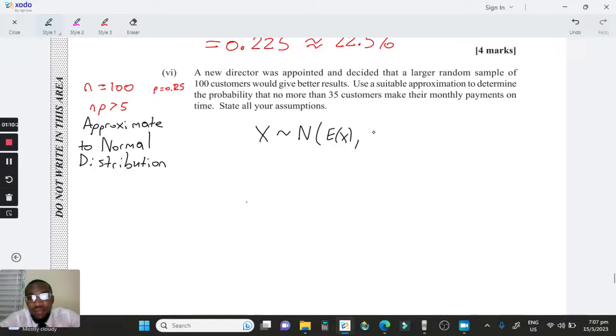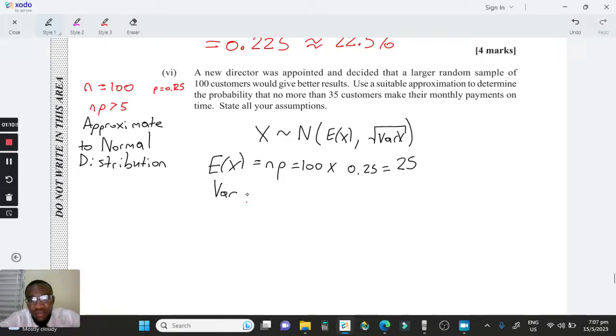And then our standard deviation, remember, is the square root of var x. So first thing we need to find is the expected value of x, which is n times p, which is 100 times 0.25, that's 25. Now var x, not the square root of var x, it's just var x goes here.